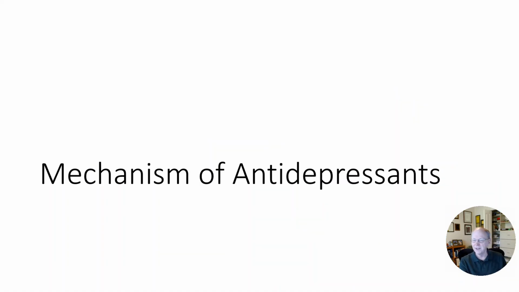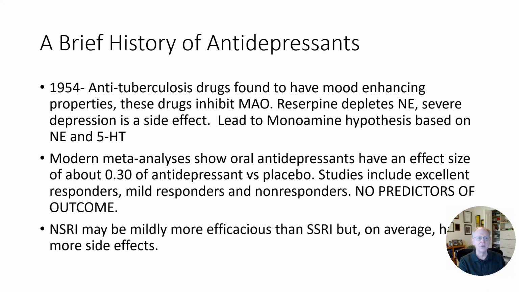Now, but how about oral antidepressants themselves? Well, a little history here. Antidepressants were discovered because in the 1950s, anti-tuberculosis drugs were found to have mood-enhancing properties. You know, people dying of TB were saying, I don't feel so bad after I take this drug, even though it wasn't necessarily helping the TB.